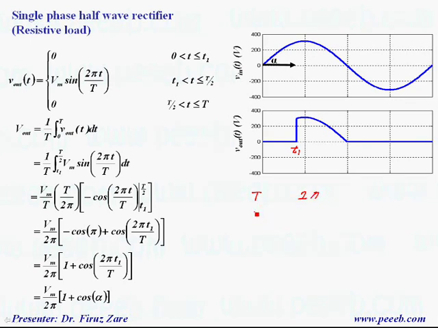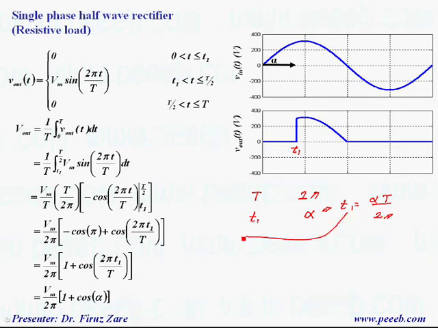So if t1 in time frame equals alpha in radians, from here we can find t1, which is alpha T over 2 pi.